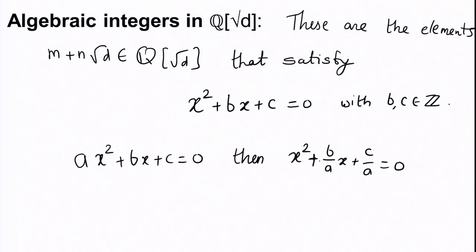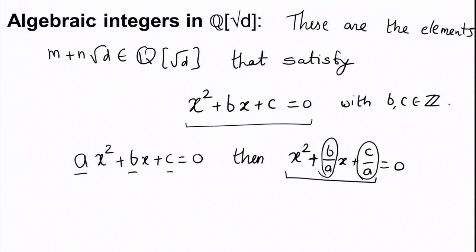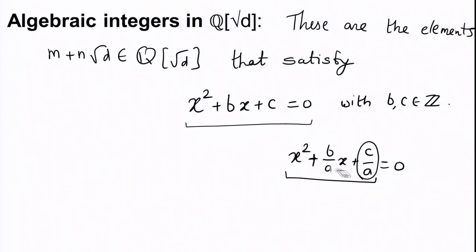This is also satisfied by the number m plus n root d, but here because a is non-zero and a can be any integer, the elements b by a and c by a need not be integers. Here we started with a, b, c being integers, but if you divide by a, then b by a and c by a need not always be integers. Therefore, any element in Q root D need not satisfy such an equation with b and c being integers. There are going to be some very specific such elements which will satisfy this particular equation.